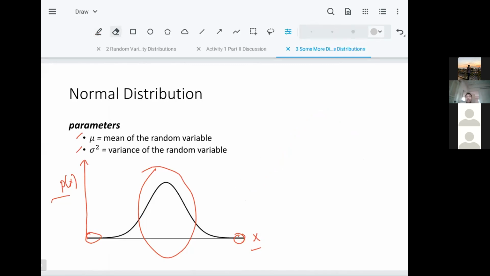Pero yung isa nga, yung kwento ko sana, yung nakita ko sa meme page, yung sa gym, yung mga weights. Wait nga, baka pwede ko naman i-share screen. Normal distribution gym weights. Ay sos, ang bulok ko mag-type. Ayan, okay. Sige, wait lang ha.